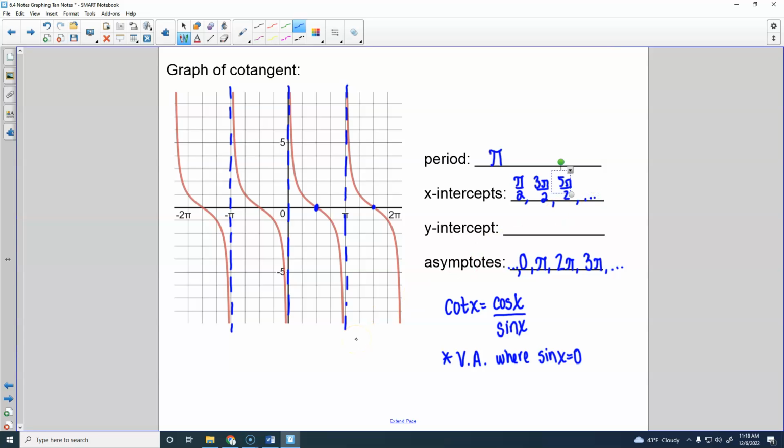And cotangent does not have a y-intercept. It's not graphed as it is. Okay, questions here?